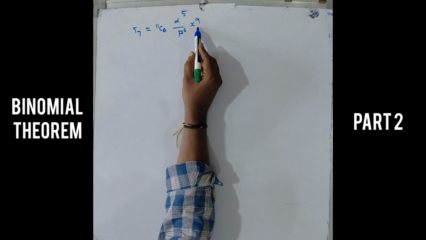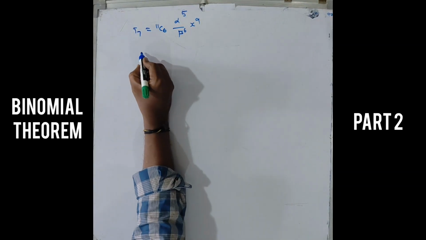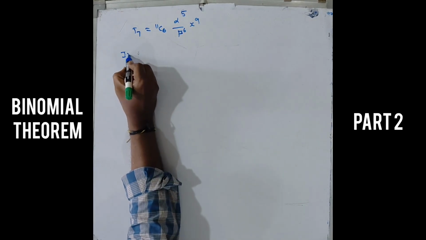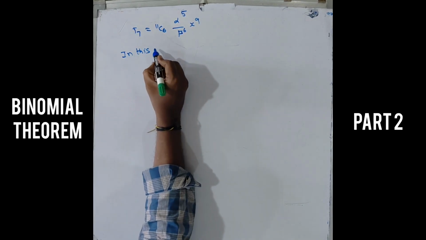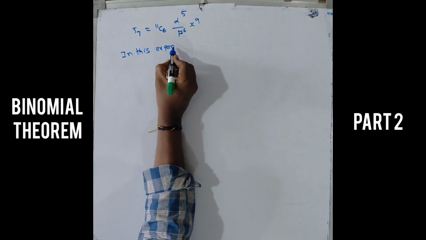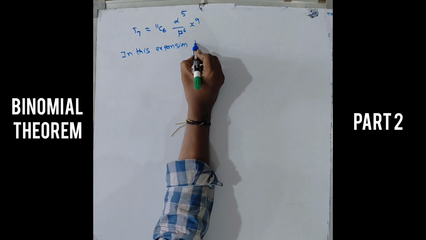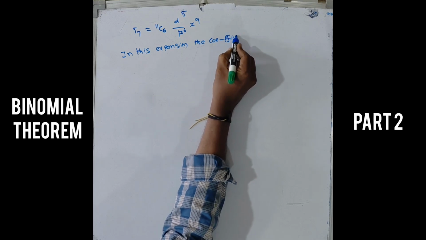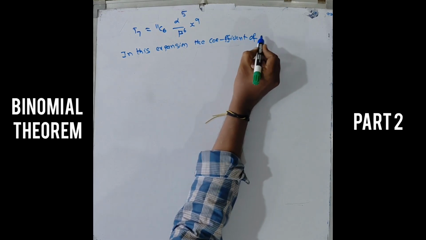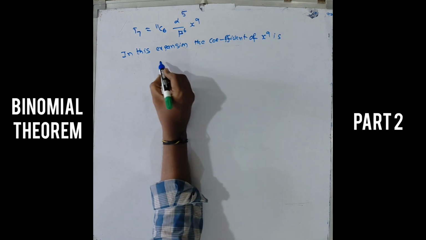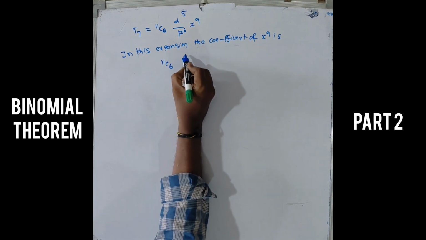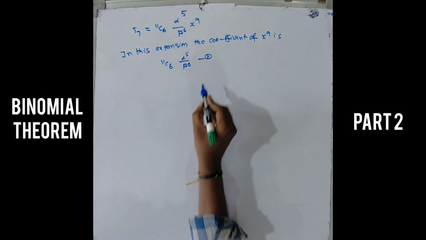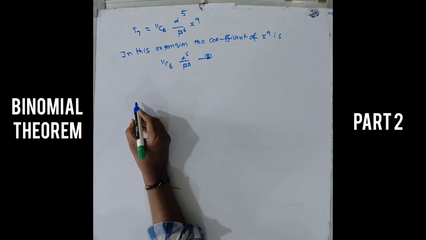The coefficient of x power 9 in this expansion is 11C6 alpha power 5 by beta power 6. This is number 2.